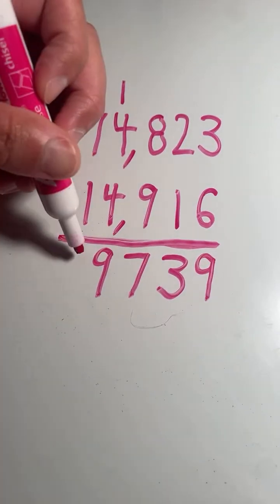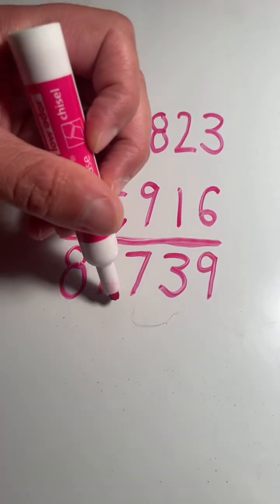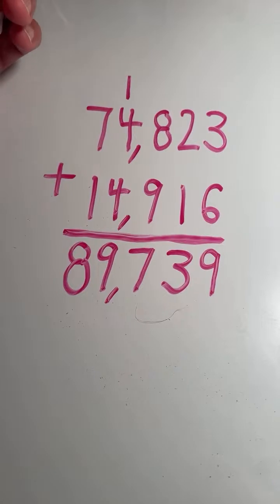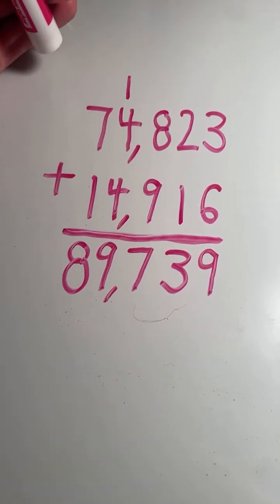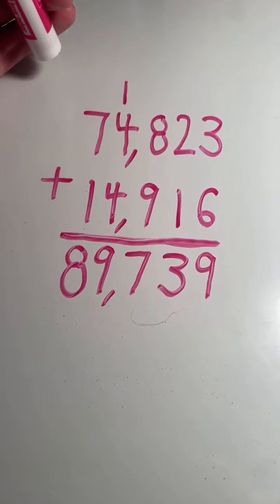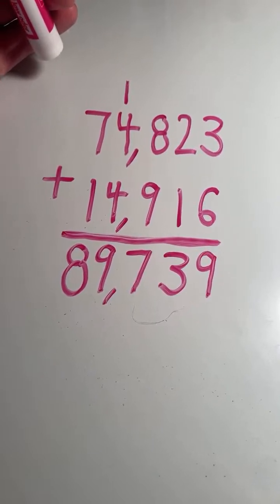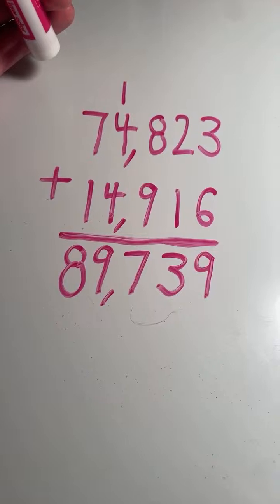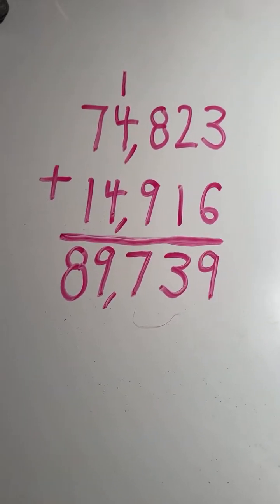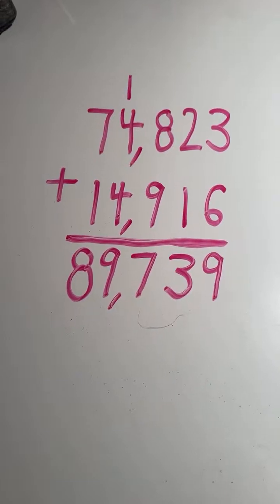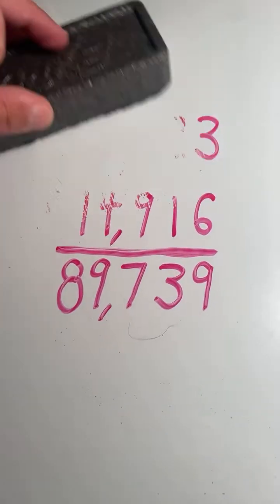Seven plus 1 equals 8, and we have our final answer. 74,823 plus 14,916 equals 89,739. All right, moving on to example number 3.